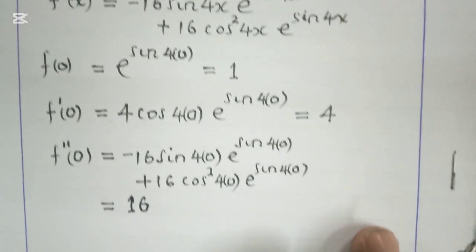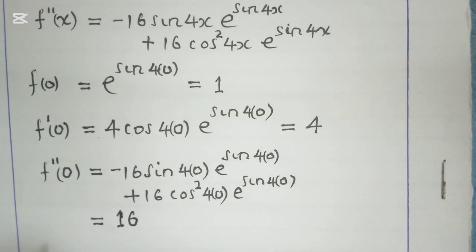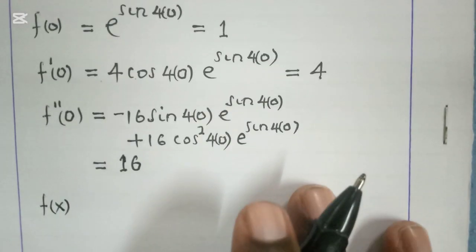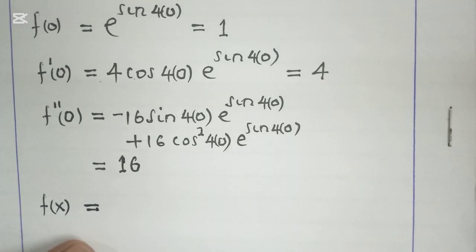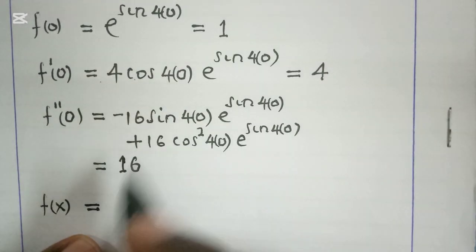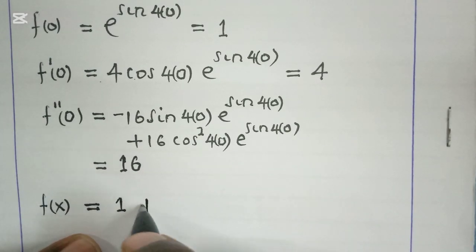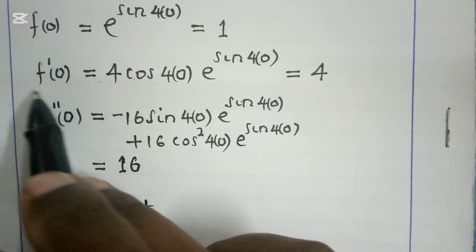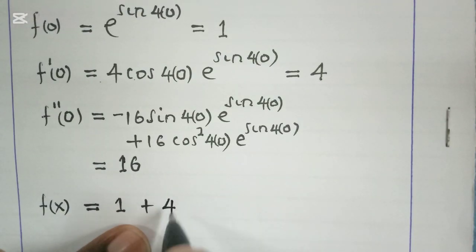And so guys, now we come and now fix our figure. We can write the equation first, and then we can fix our figures. So we have fx is equals to, we can even fix directly, guys. Fx is equals to f0, which is 1, then plus f prime 0 x, which is now 4x, like that.